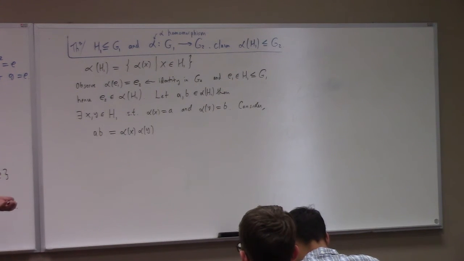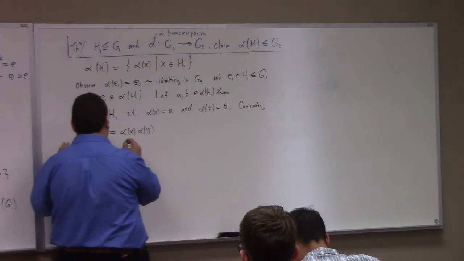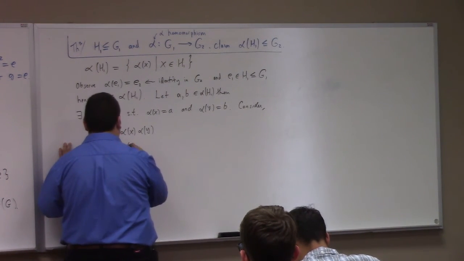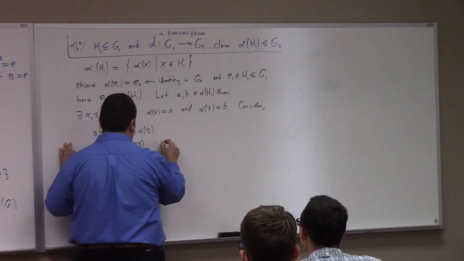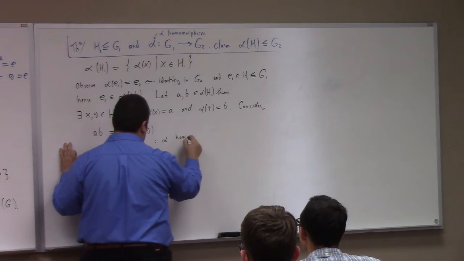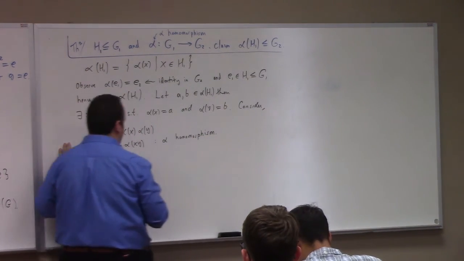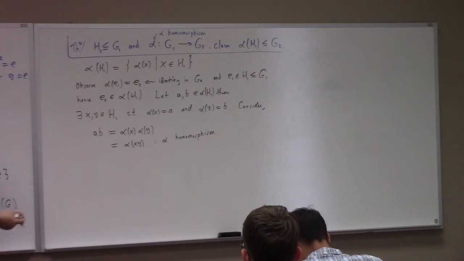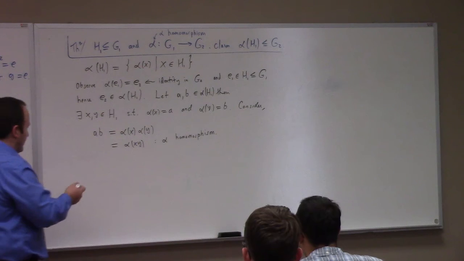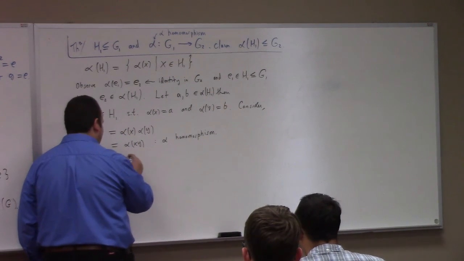But alpha is a homomorphism. Man, I need to come up with a better abbreviation for that. Alpha is a homomorphism. I should just start calling them morphisms. You just call it H and F. Yeah.